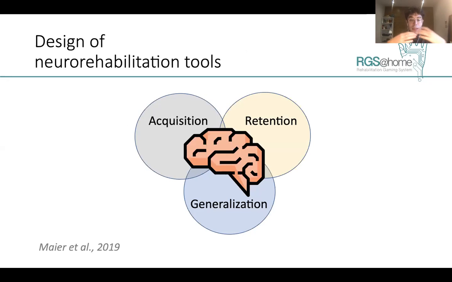So now we know by a recent review on the active ingredients or principles that neurorehabilitation treatment should include, a set of principles that promote the acquisition, retention, and generalization of new skills, and gives us some evidence to the design of these digital tools for neurorehabilitation.